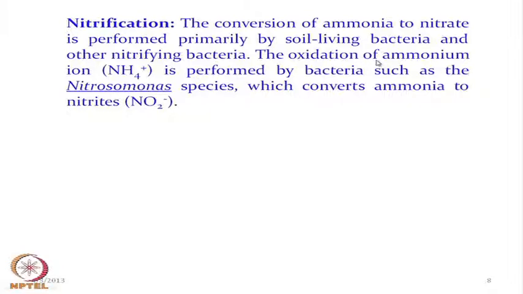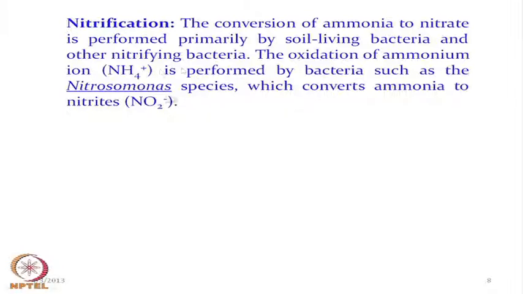Similarly, the oxidation of ammonium ion can also happen by bacteria known as Nitrosomonas. Nitrosomonas type of bacteria are responsible for the oxidation of ammonium ion, and they convert this ammonia to the nitrites.